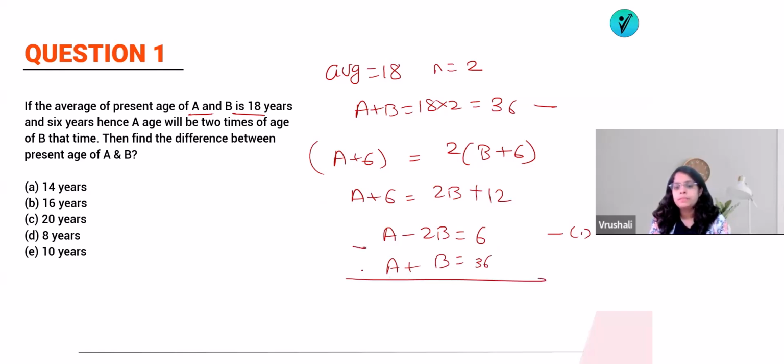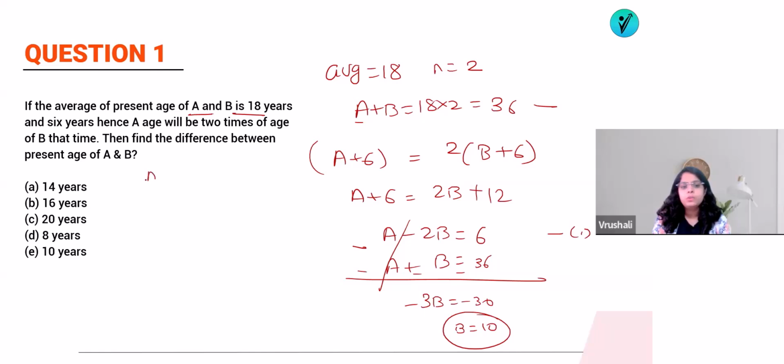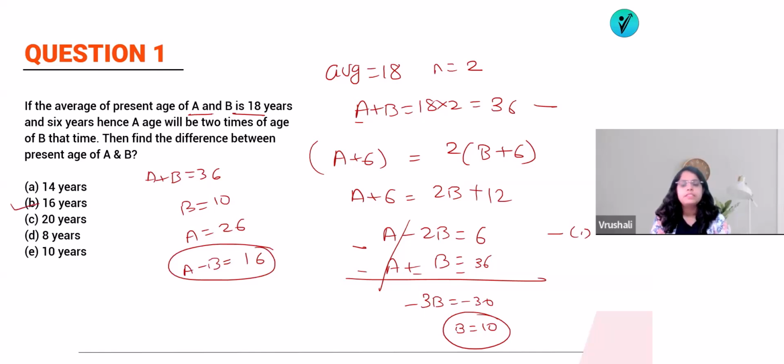If you subtract, A will get cancelled, minus 3B is equal to minus 30. That means the value of B is equal to 10. If the value of B is 10, what will be the value of A? As I know that A plus B was 36, if B is 10, A will be 26. So what will be the difference between A and B? Difference will be equal to 26 minus 10, that means 16. So your answer is option number B.